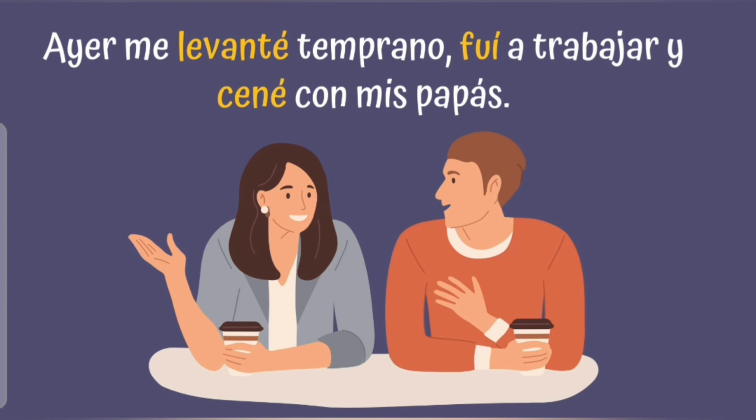And I had dinner with my parents. Y cené con mis papás. Okay, so the verbs in this sentence are in indefinite past. Levanté, fui, cené. Okay, if we're making a list of things we did in the past, then we have to use the indefinite past, pretérito indefinido, in Spanish, okay?